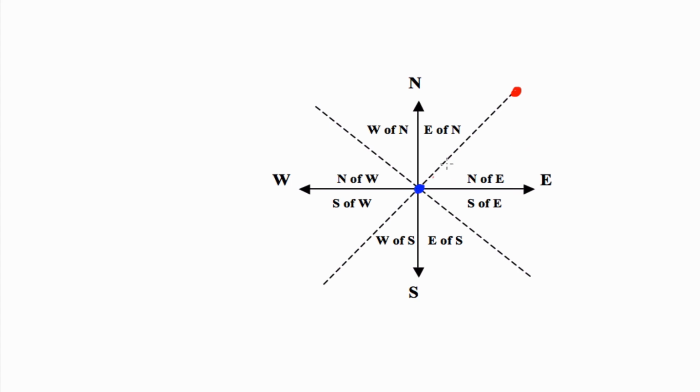So if I wanted to start at the blue point and end up at the red point, in what direction would I have to move? Well, if you calculate this angle, you're going to say you have to move at this angle north of east. If you calculate this angle, you're going to say you have to travel a certain distance at this angle east of north.